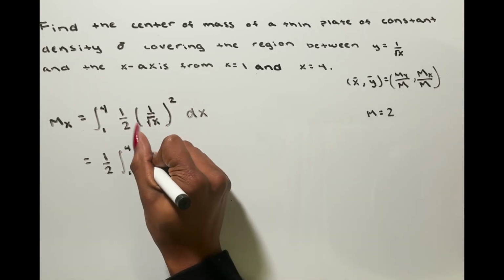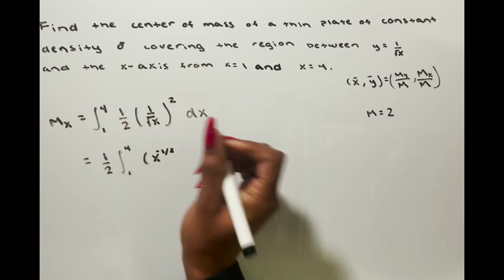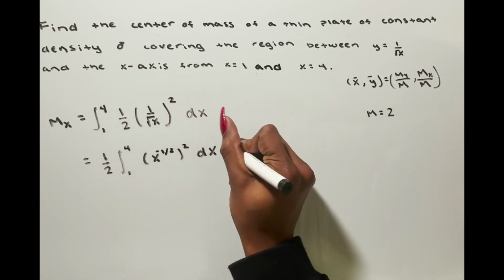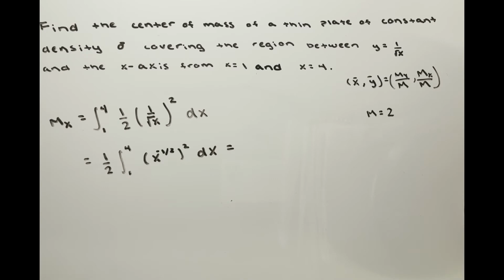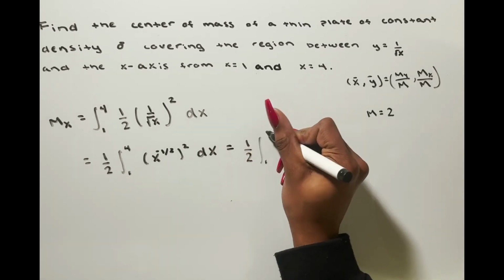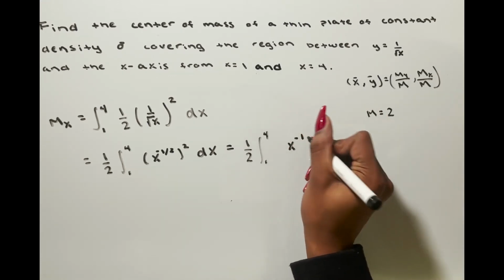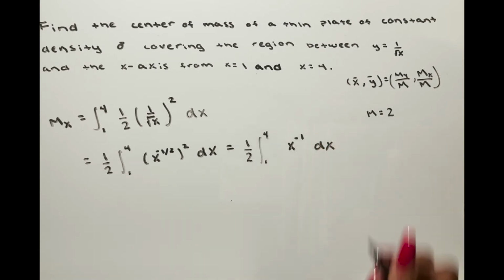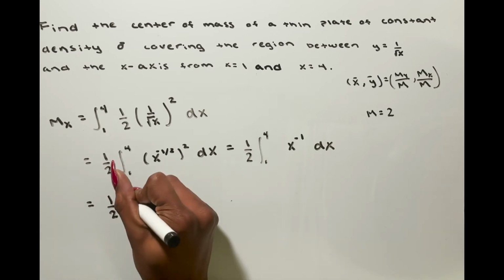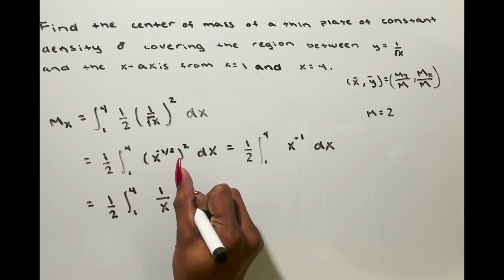And we'll also get the square root of x out of the denominator, rewriting it as x raised to the negative half, and this is being squared. From here, we're left with 1 over 2 of our integral from 1 to 4 of x raised to negative 1 dx, which can be rewritten as half times our integral from 1 to 4 of 1 over x dx.